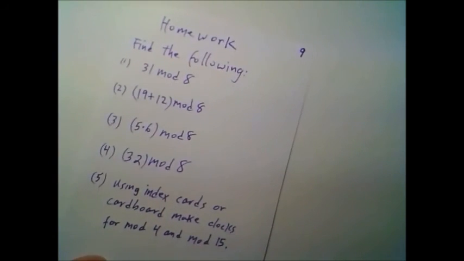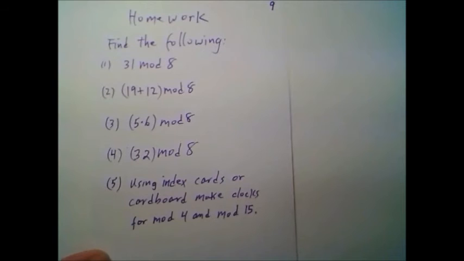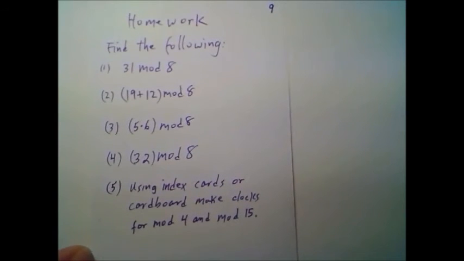Now that we have seen some examples of modular arithmetic or clock arithmetic, now it's time for you to do some of these problems. These are the homework problems that you have for modular and clock arithmetic. Problem number 1, you want to figure out what 31 is mod 8.